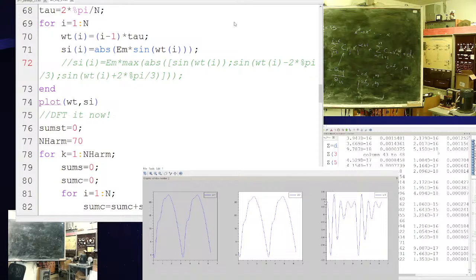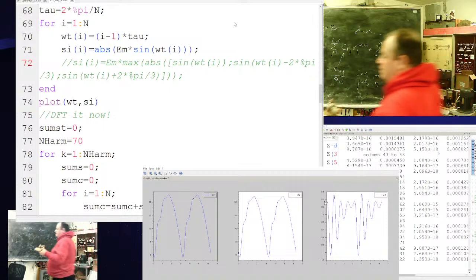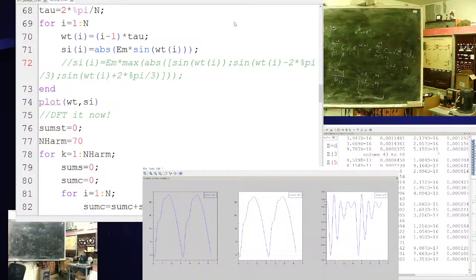I have this very nice device. It's a 1 ohm resistor. I will put it in the second branch, branch number 2.